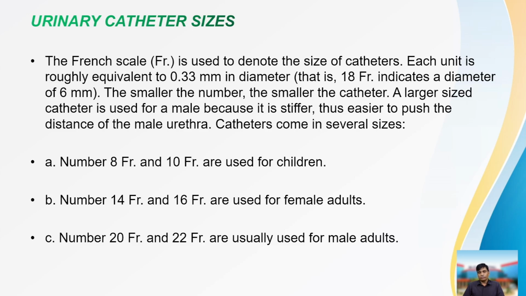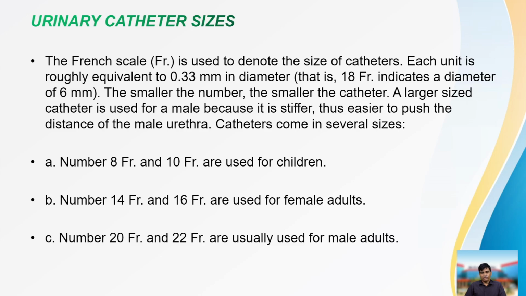Each unit is roughly equivalent to 0.33 millimeter in diameter. For example, 18 French indicates a diameter of 6 mm. The smaller the number, the smaller the catheter.